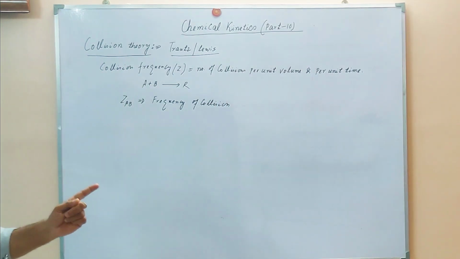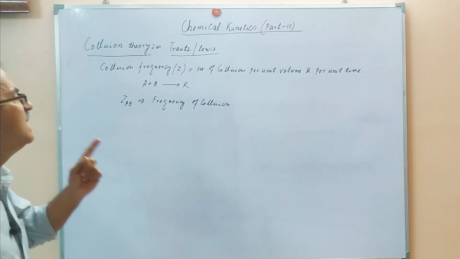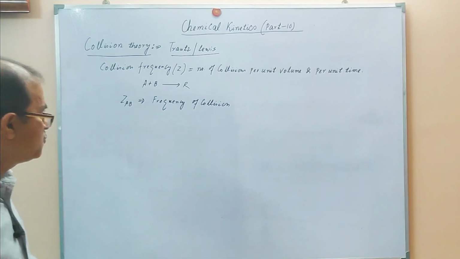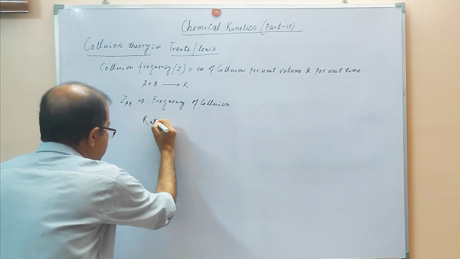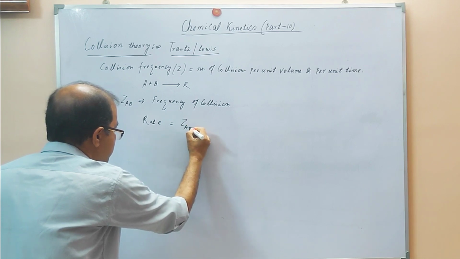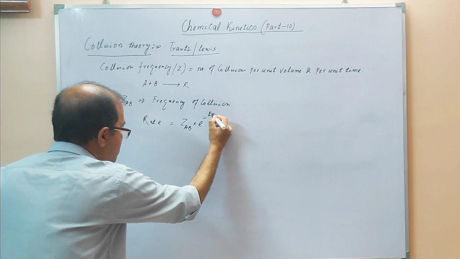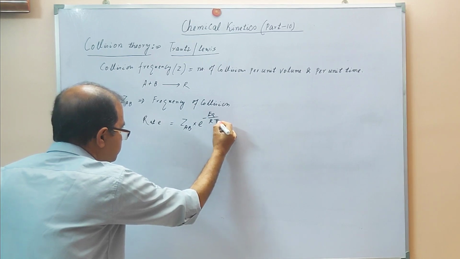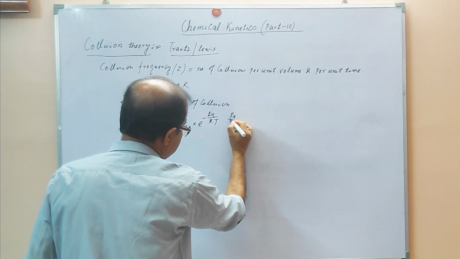So we can relate this collision frequency, how that has been given by Trautz and Lewis. They say rate is basically JAB into e to the power minus Ea by RT. What is e to the power minus Ea by RT?